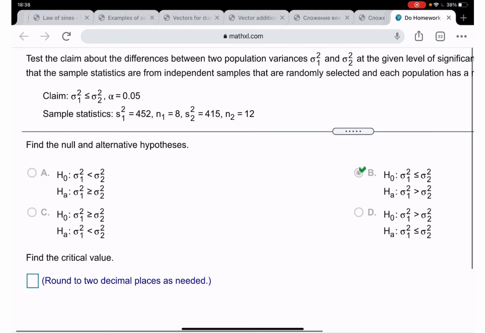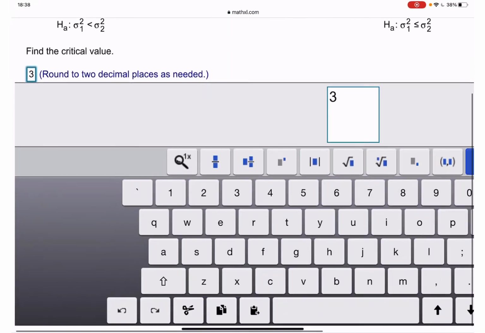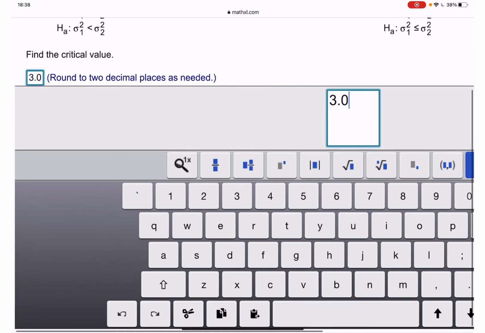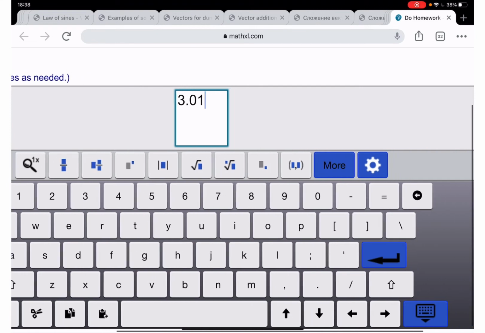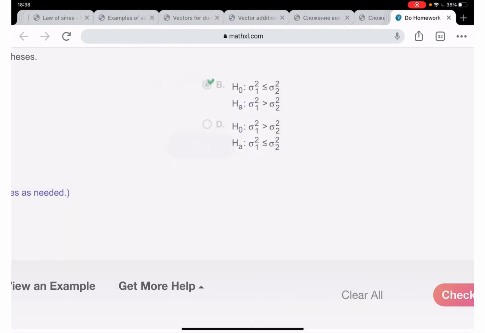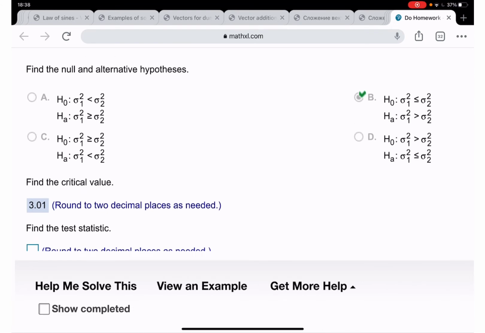Let's test it. 3.01. Okay, well done. Now we need to find the test statistic. Test statistic, we already know what to do.